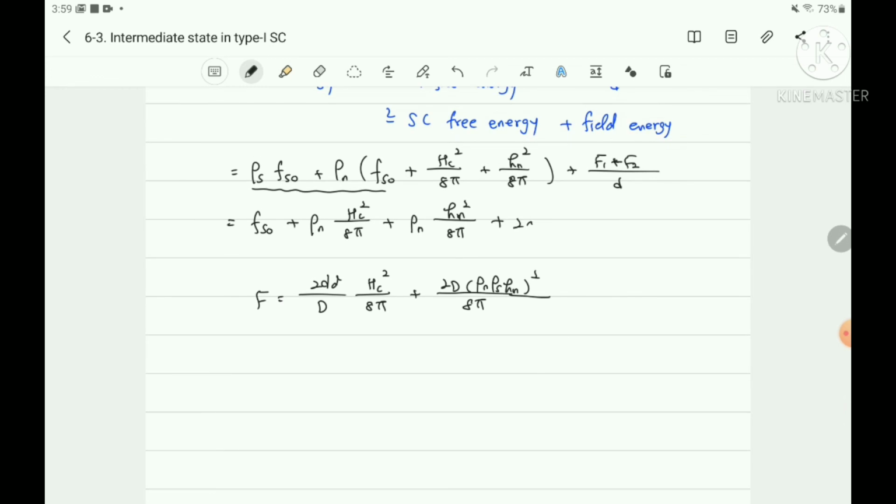Therefore, it is 2 delta Hc square over 8 pi.